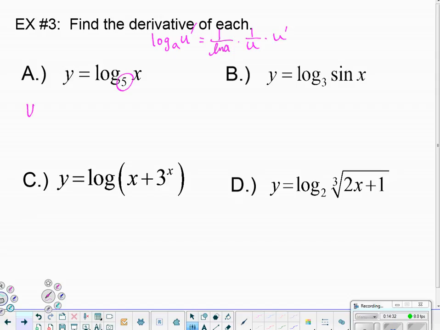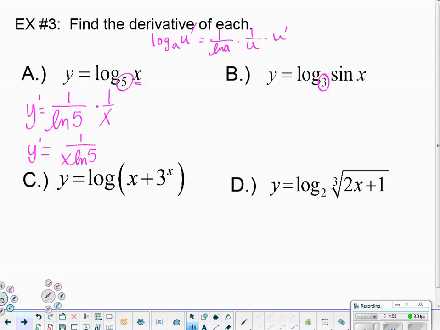So we're going to have y prime equals 1 over natural log of a, but our a is 5, times 1 over the argument there, 1 over x, times the derivative of x, which is going to turn out to be 1 for us, which we don't even have to write, do we? So we could say that this is 1 over x natural log 5. There's our answer.